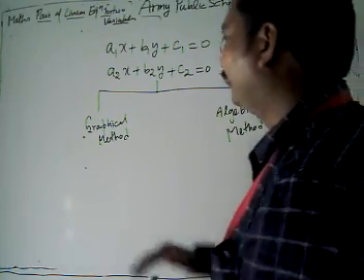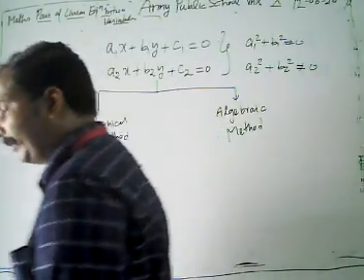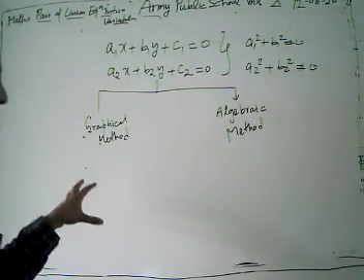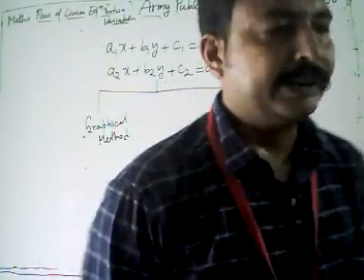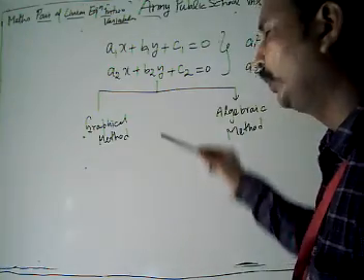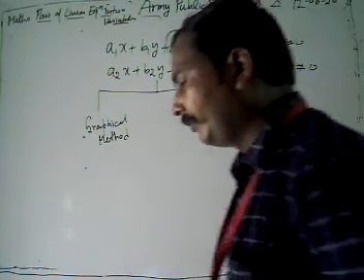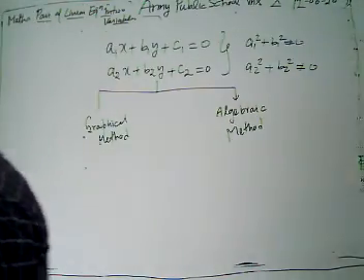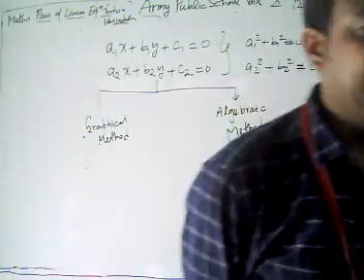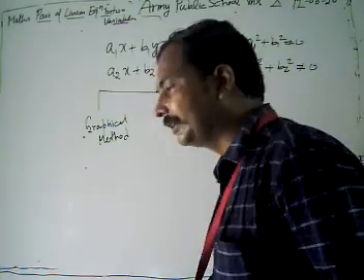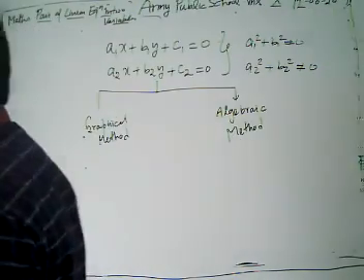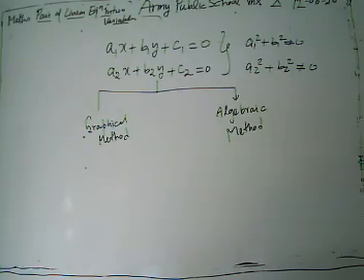What is the graphical method? When we talk about the graphical method of solution of a pair of linear equations in two variables, when we plot a graph, obviously both these equations 1 and 2 give us a straight line. If we have two straight lines on any plane, there are only three types of situation.